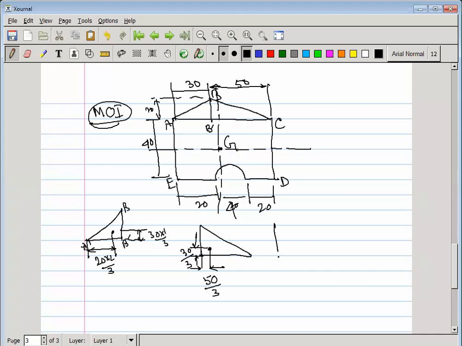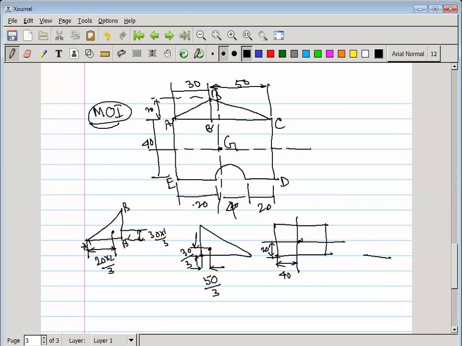And for this rectangle, how much should it be? The center coordinate along x is 20, half on both sides, na? So along y it is 20 and along x it is 40, because the total is 80, na? 40 plus 20 plus 20, so the middle one is this one.